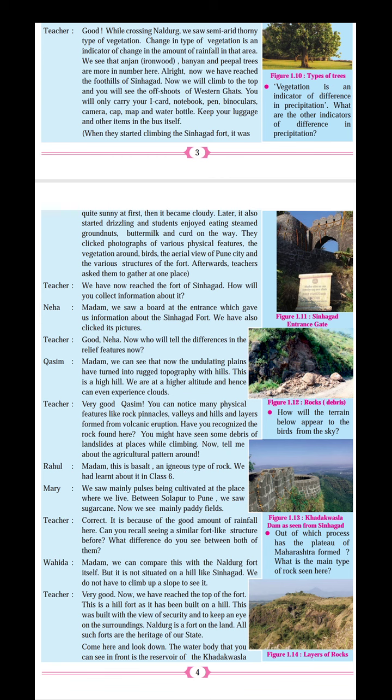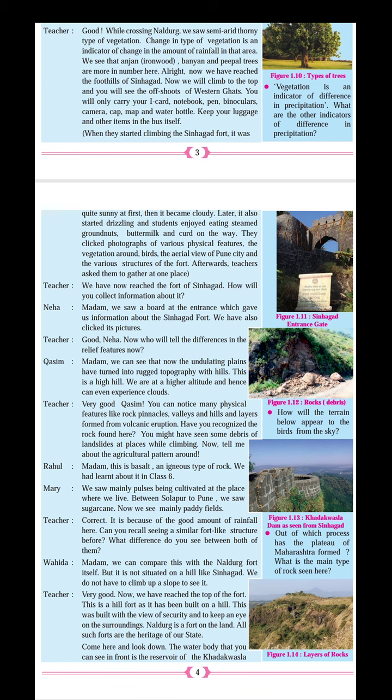Now, the madam instructed them on what they could see, the undulating plains. Naldurg was a plain ground, but here it was mountainous, and it was a rough topography with huge hills, and they were moving towards a high altitude where they could experience some clouds also. And here, the physical features of this mountainous region: it was built on rock pinnacles.